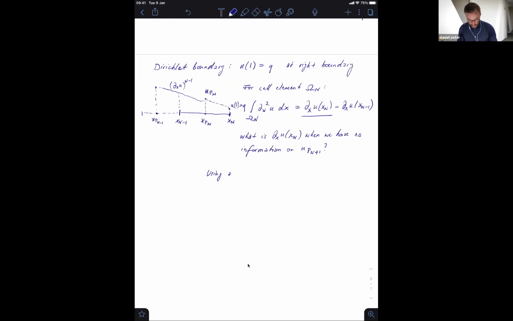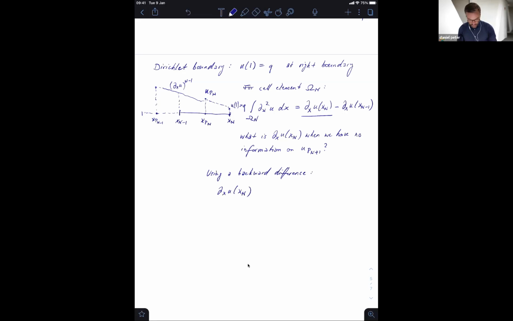And this would be a backward difference scheme, remember from finite differencing.